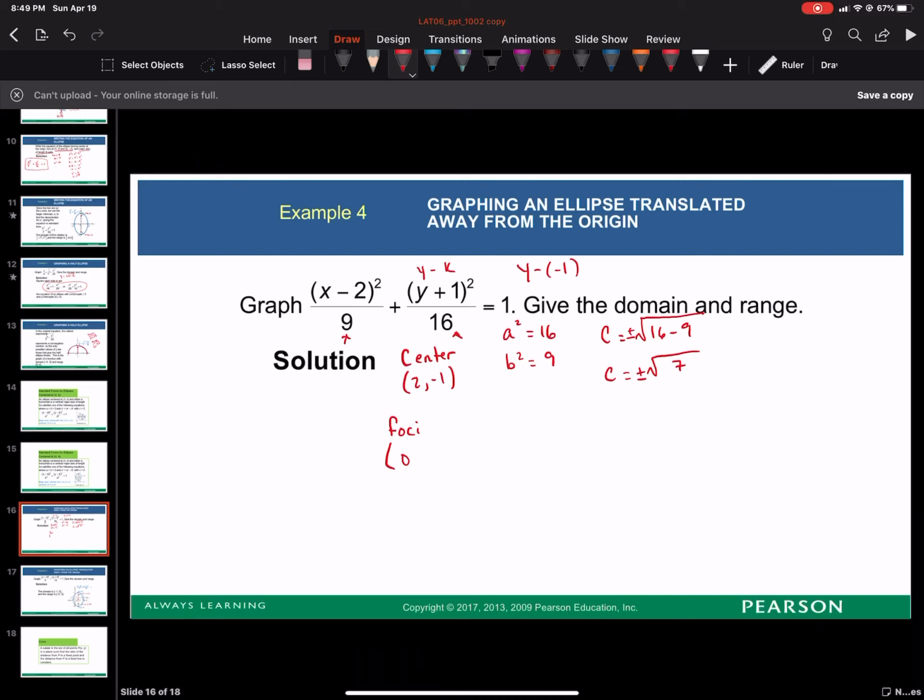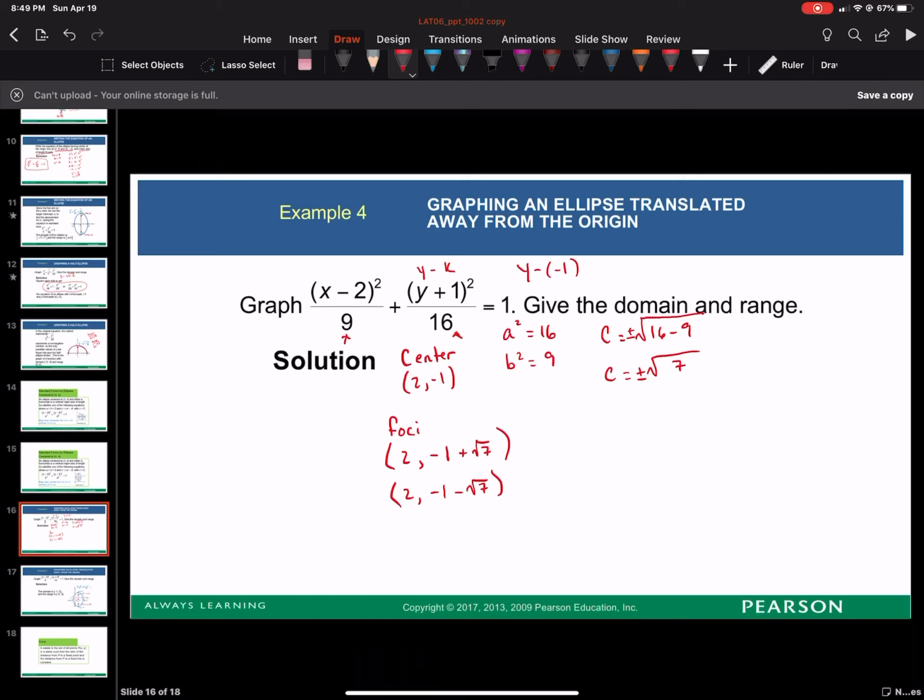So the foci will be 0. It won't be 0. Give me 1 second. You keep your h. So it'll be 2, then we got -1 plus the square root of 7. Then for my other foci, we got 2, then -1 minus the square root of 7.